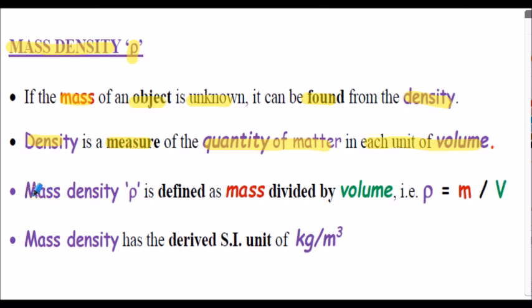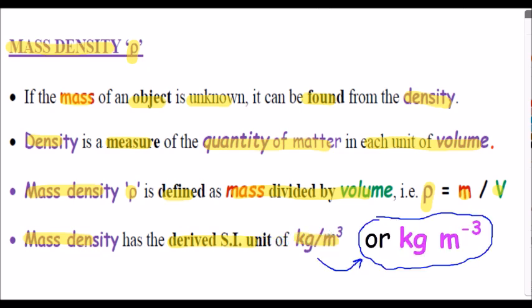So mass density, symbol ρ, is defined as mass divided by volume. So ρ is equal to m divided by V. Mass density has the derived SI unit of the kilogram per meter cubed. And remember, the kilogram per meter cubed can be written as kg m^-3 using the negative index.